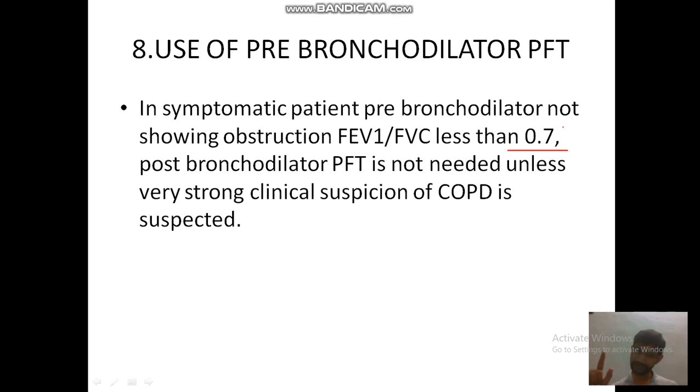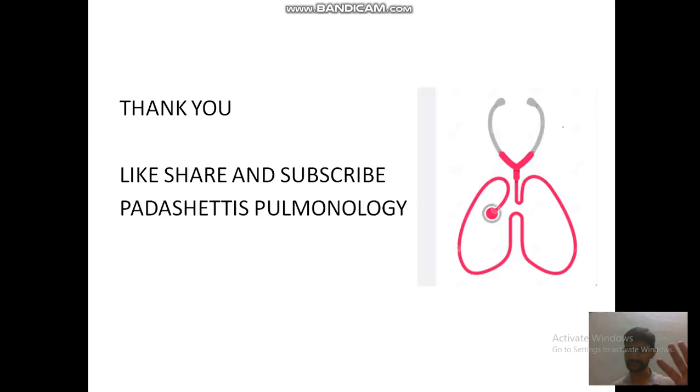But in a symptomatic patient with pre-bronchodilator FEV1 by FVC less than 0.7 where you strongly suspect COPD, perform post-bronchodilator FEV1 by FVC. Okay, these are the total 8 major changes.